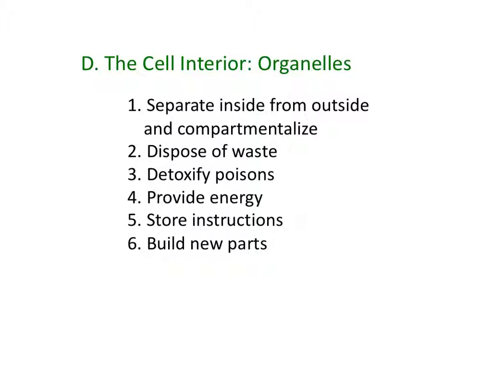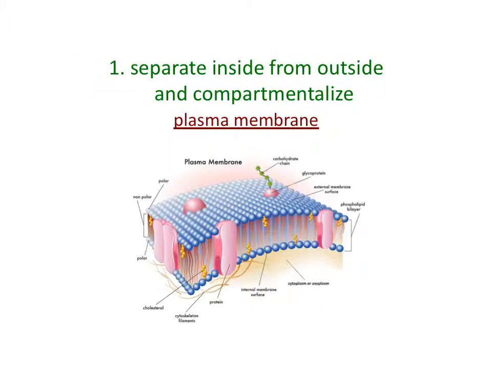It needs to generate energy, needs to store information on how to make new proteins and how to make new cells, and then finally it needs to take that information and build new parts. First function, separating the inside and outside world, is the plasma membrane, which will surround the cell and all of its organelles.